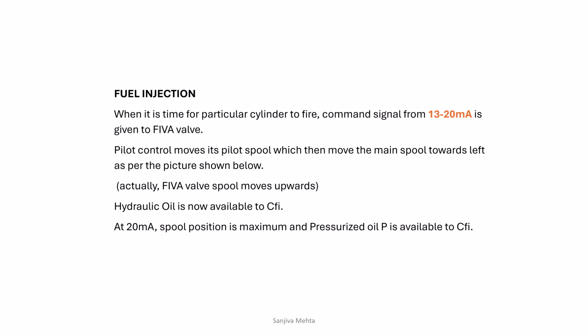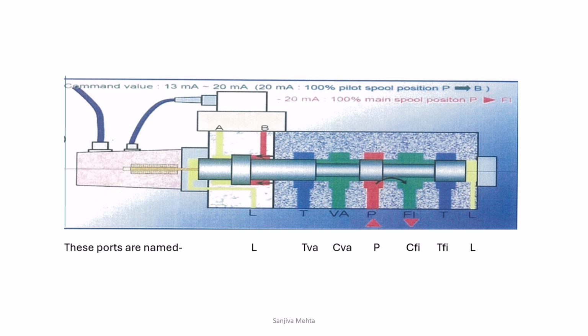Hydraulic oil is now available to port CFI. At 20 milliamps the spool position is maximum, and pressure oil P is available to CFI. At 20 milliamps it has moved the maximum possible. So this is CFI.